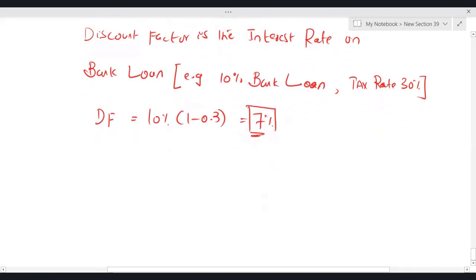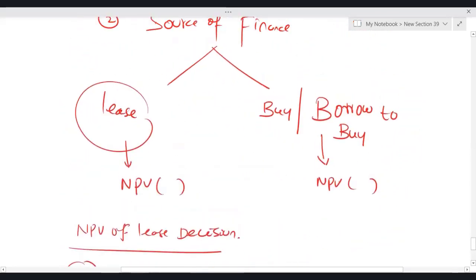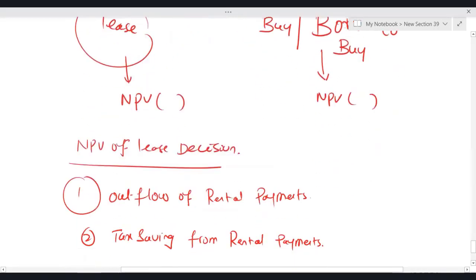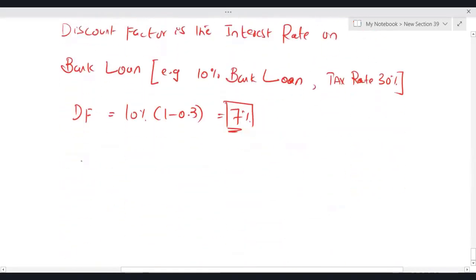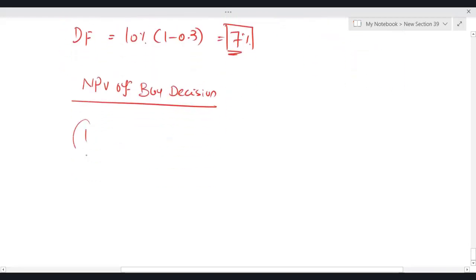Now, what are the factors which we are going to consider when we are going to borrow to buy? NPV of buy decision. Number one, you will take outflow of initial investment.